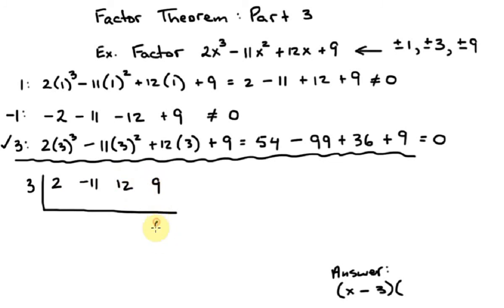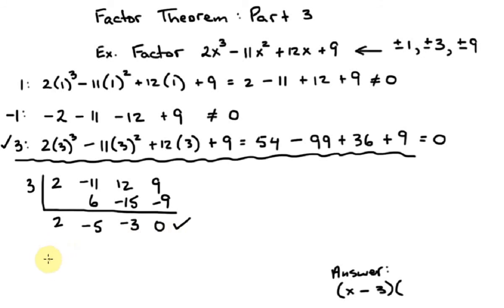And I'm really hoping to see 0 here, indicating that I didn't make a mistake. So we'll bring the 2 down. 2 times 3 is 6. Add them up. Negative 5. Negative 5 times 3 is negative 15. Add them up, and I get negative 3. Negative 3 times 3 is negative 9. And yes, I did get a remainder of 0.